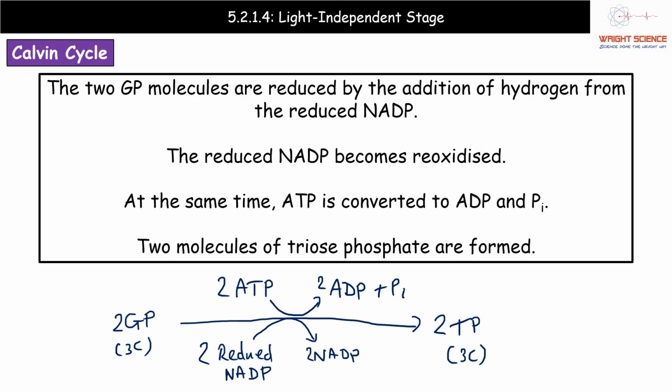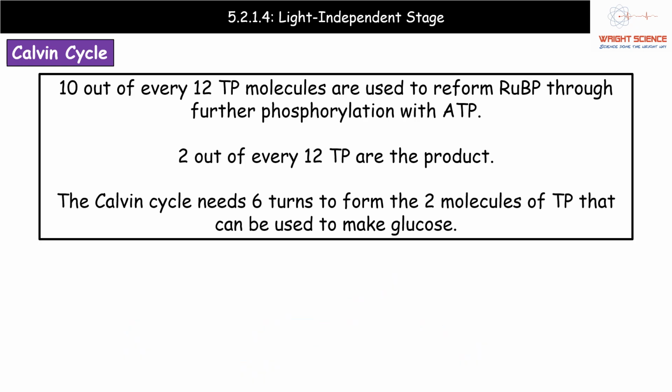So at this stage, 2 GP molecules are reduced by the addition of hydrogen from the reduced NADP from the light dependent stage. That then regenerates the NADP, and we're converting ATP into ADP and inorganic phosphate. End result, we get 2 molecules of TP, triose phosphate.